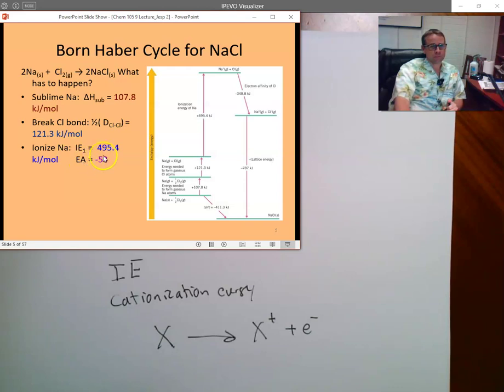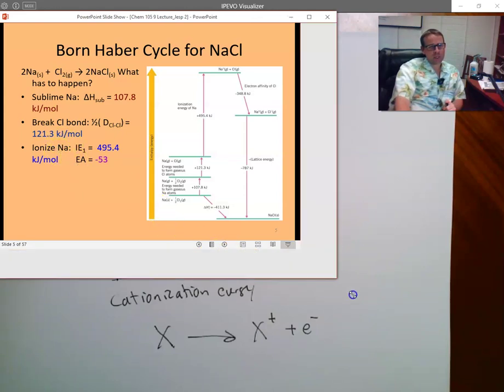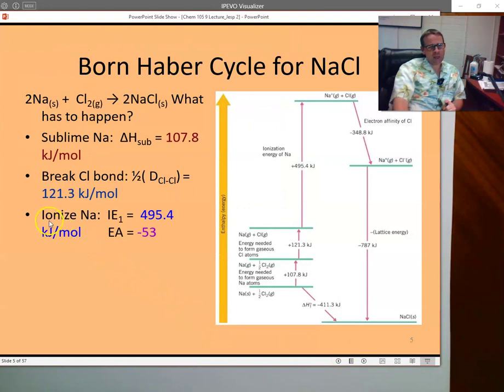So it would be -53? That's right. 53 kilojoules of energy per mole is released when we give an electron to an atom of sodium. All right? Good. So that's what we have here. We have the energy associated with removing an electron and the energy associated with giving an electron.